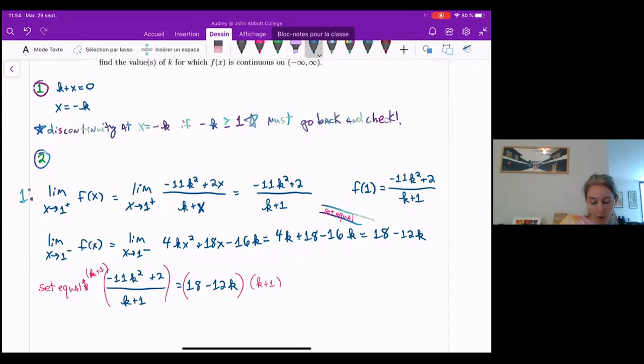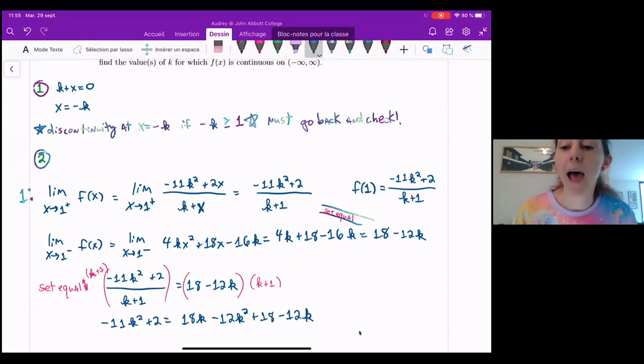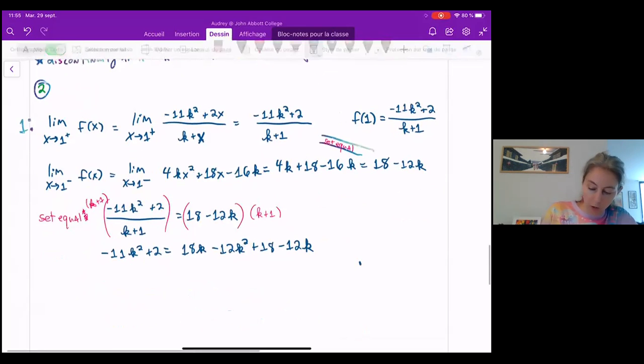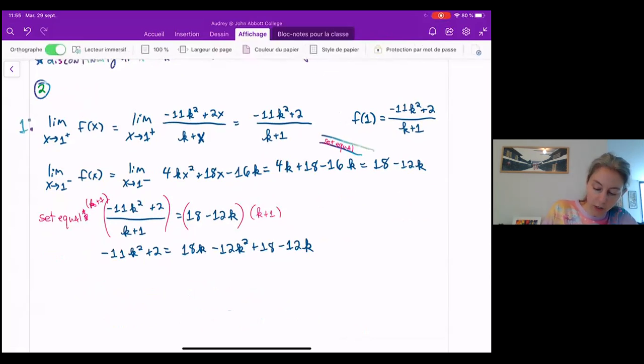So I'll end up with negative 11k squared plus 2 is equal to 18k minus 12k squared plus 18 minus 12k. Now, I want everything on one side with 0 on the other so that I can then factor to solve this. So I'm going to move everything over to the left side.